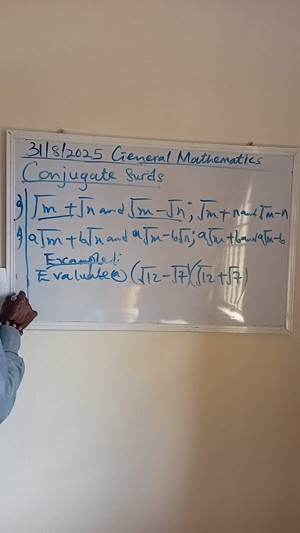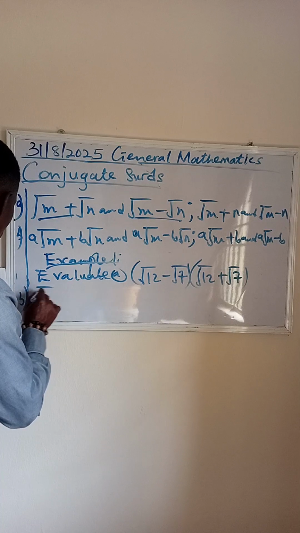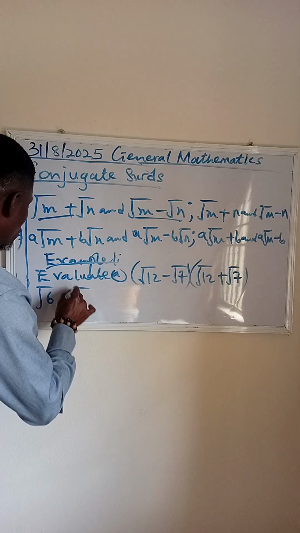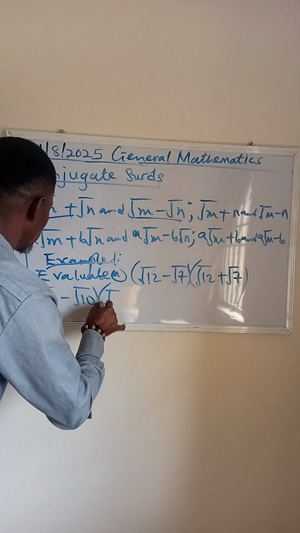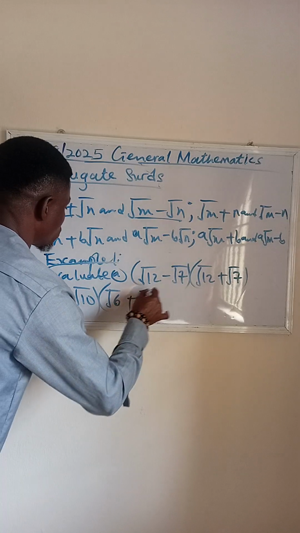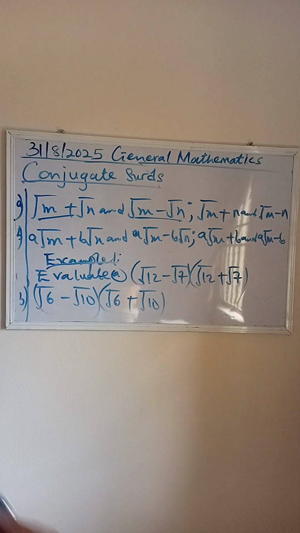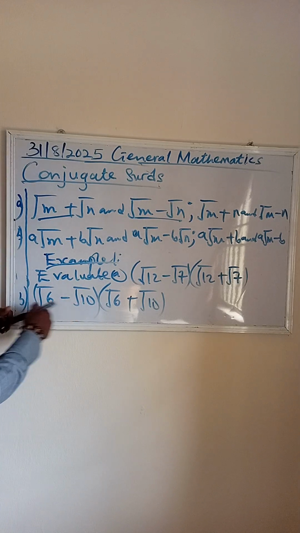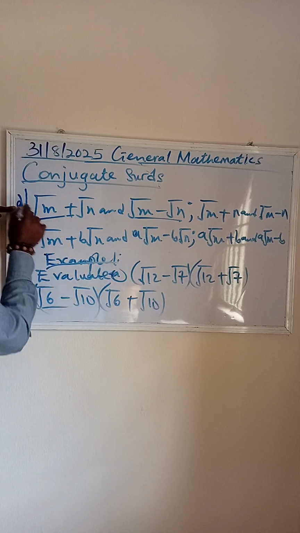Then b, let's say we have root 6 minus root 10, then you close the bracket, we have root 6 plus root 10. Let's solve this one. If you want to solve this one, you can relate this one to this one.